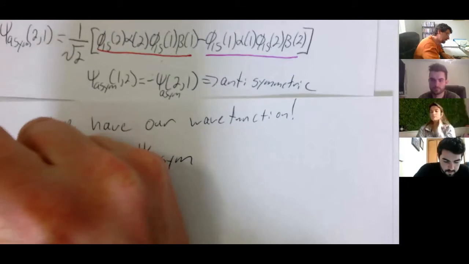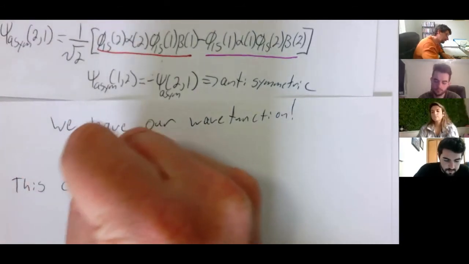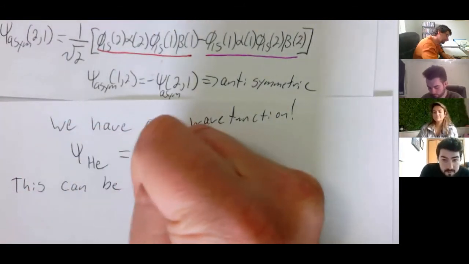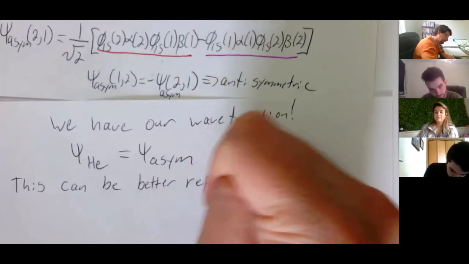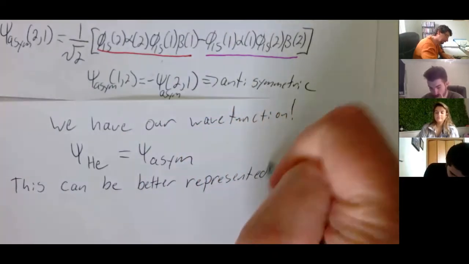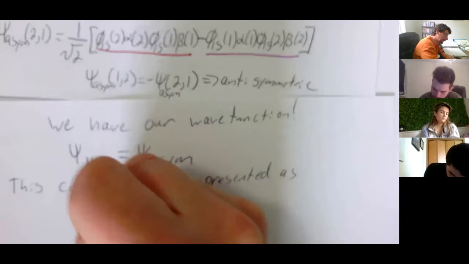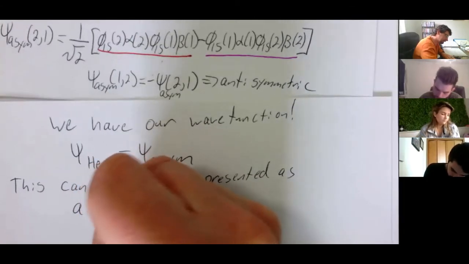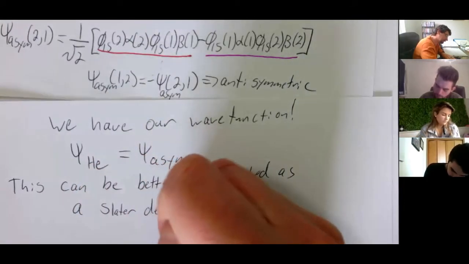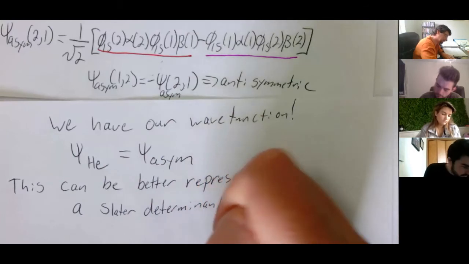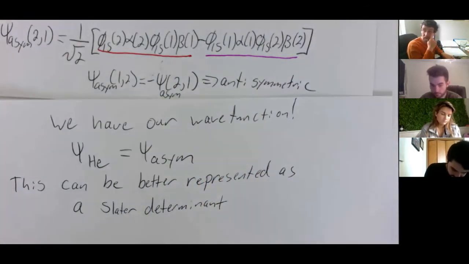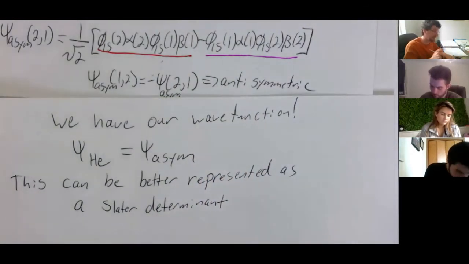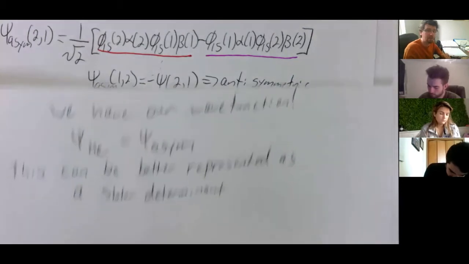So this can be better represented as a Slater determinant. Slater was pretty important in terms of mathematics and quantum mechanics. You might have heard of Slater orbitals or Slater functions.